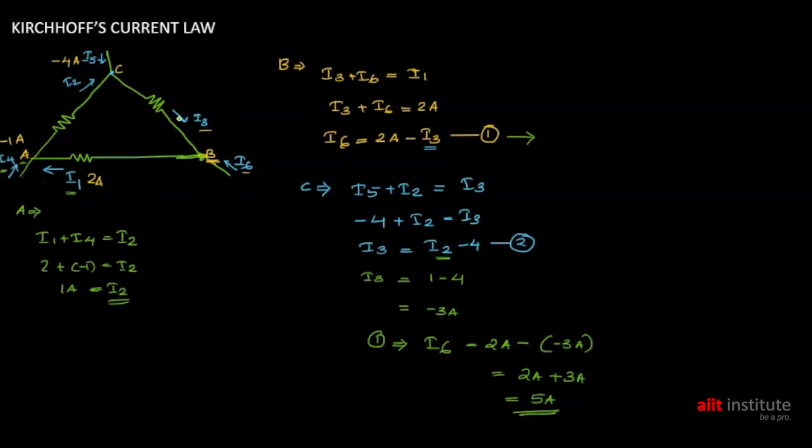Similarly, how we calculated the current at each node, we can find out how much current is flowing through each branch of the circuit. This is crucial for optimizing the performance as well as efficiency of the circuit. So KCL is one of the important laws in electronics.